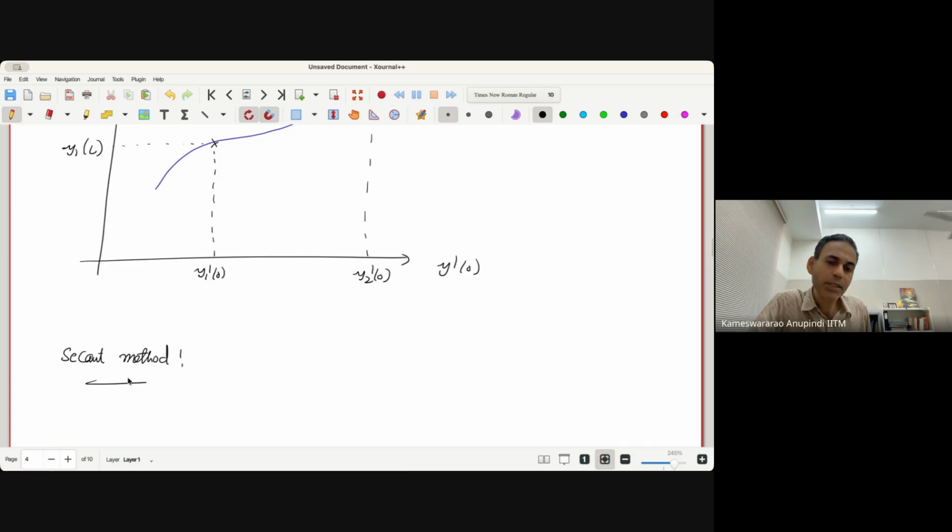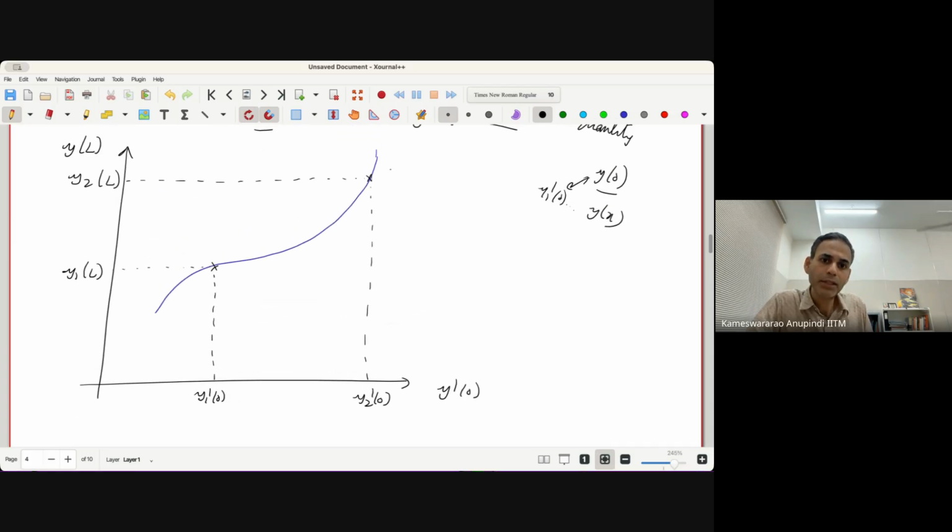What does the secant method do? It is basically going to draw a secant between these two points. Then we say that this function is crudely approximated by the secant, so I can calculate the zeros of the secant. That is going to give me a root that is very close to the value that the function produces. And I'm going to repeat the same thing multiple times.